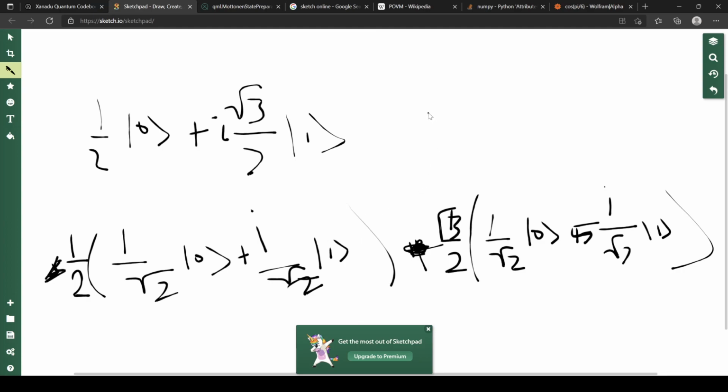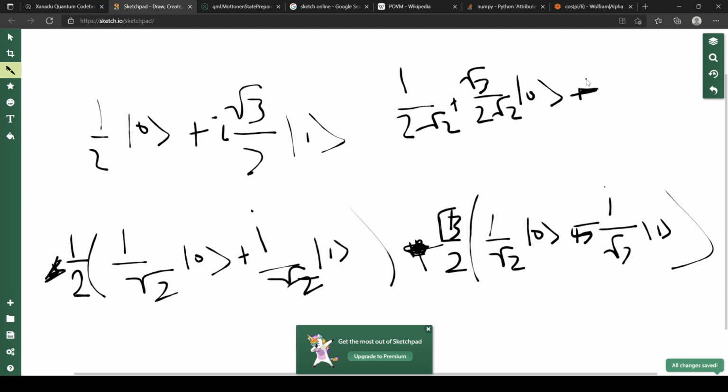We would get 1/(2√2) plus 3/(2√2) |0>, minus i√3 over √2 |1>.